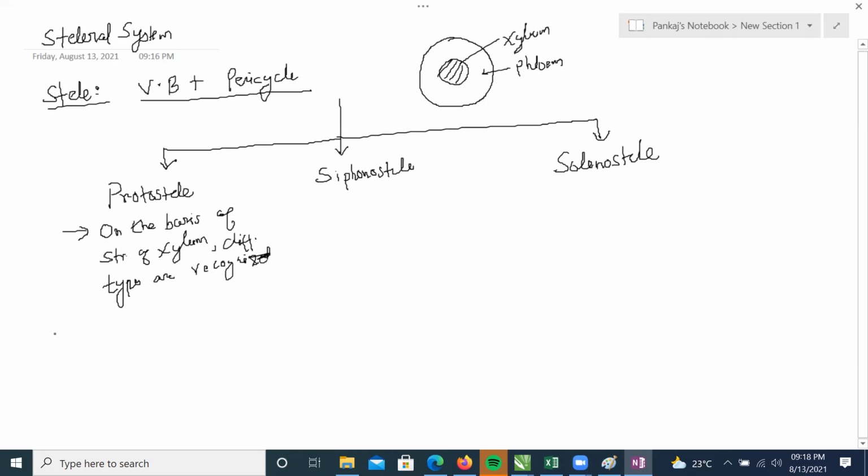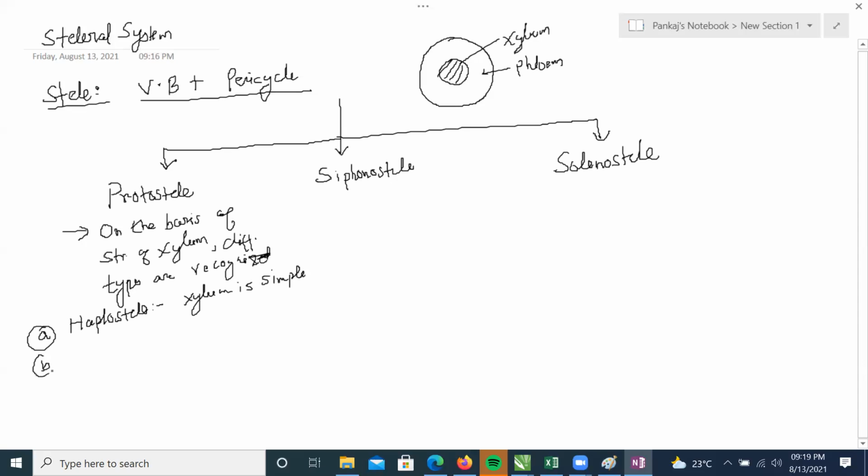So what is the first type? The first type we call haplostele. The diagram which I have drawn is a haplostele. Xylem is simple.